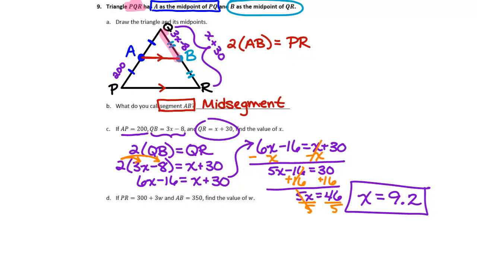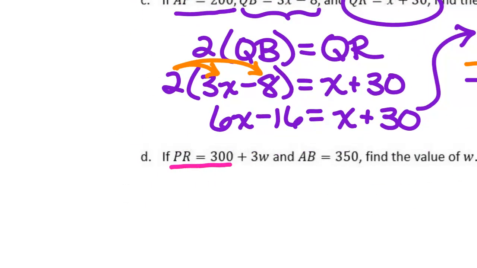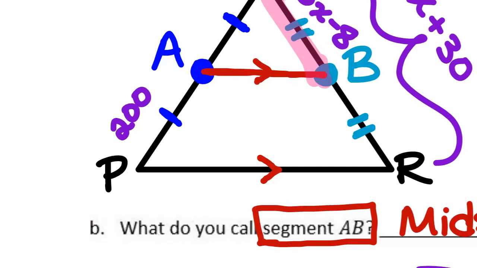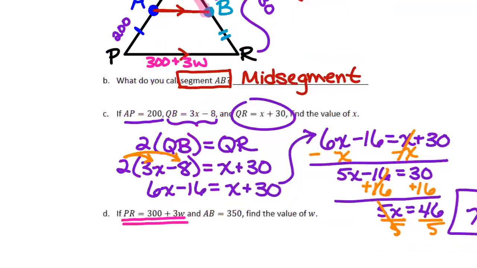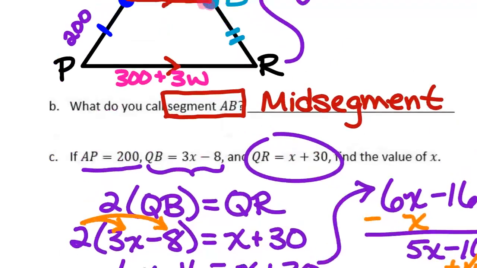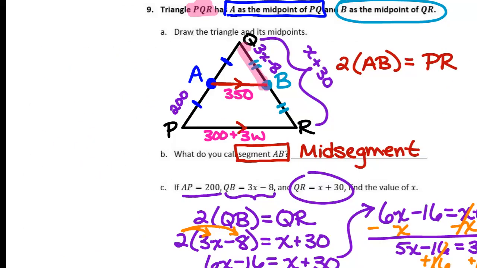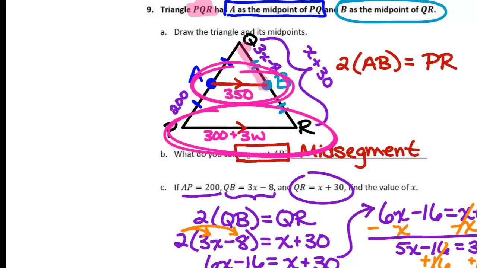Part D, down at the bottom, says that PR is 300 plus 3W. PR, 300 plus 3W. I'm going to write that down below. 300 plus 3W. And segment AB is 350. 350. What did we say the relationship was between AB and PR?